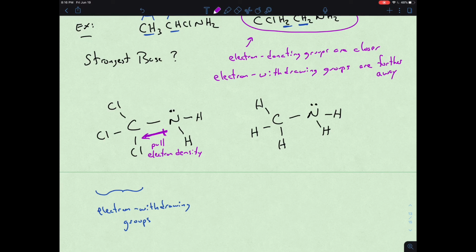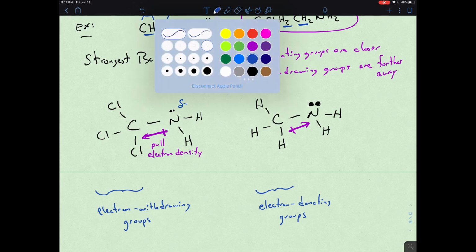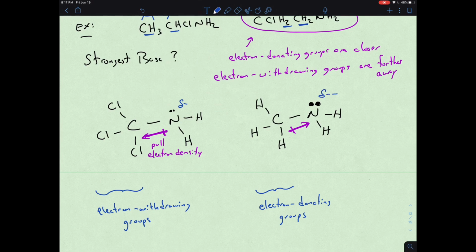So that means that my nitrogen is maybe only a delta minus. It still can act as a base, but it just doesn't have as much electron density as what we see on the right, where now we have electron donating groups. Now we're donating that electron density the other way to the nitrogen. We're really making that lone pair bigger, if you will, because there's more electron density there. And so now that nitrogen is delta minus minus.